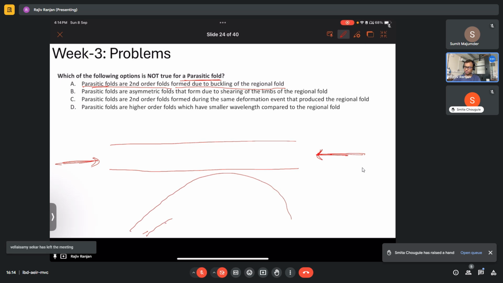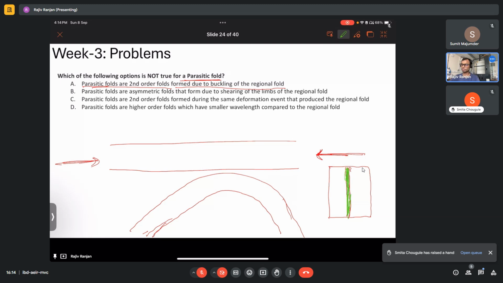Yeah, Smita, you want to say something? There is a good experiment actually. I wish I could show you that experiment. Suppose you have a block of rock in which you have very fine layers of different mineralogy.